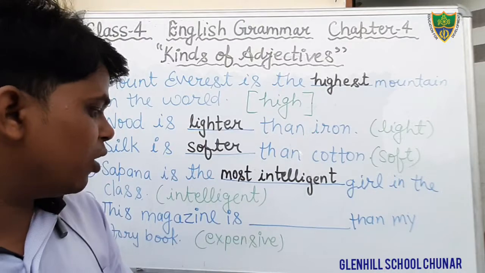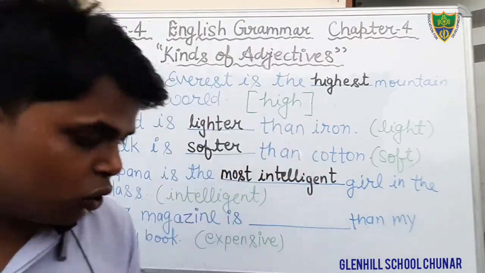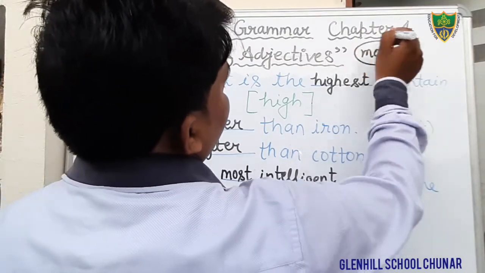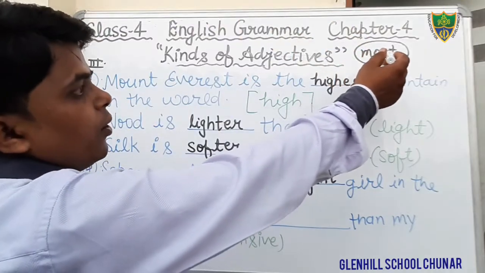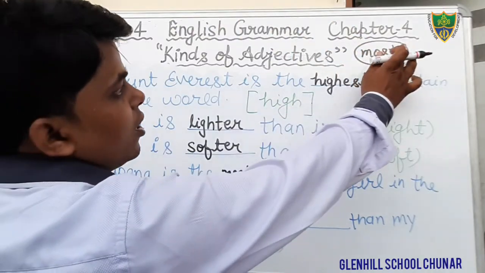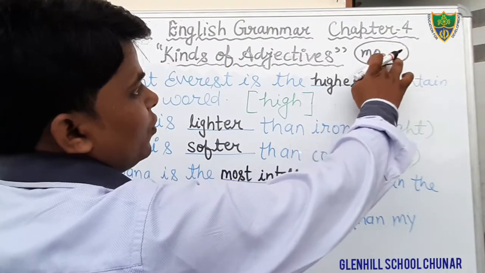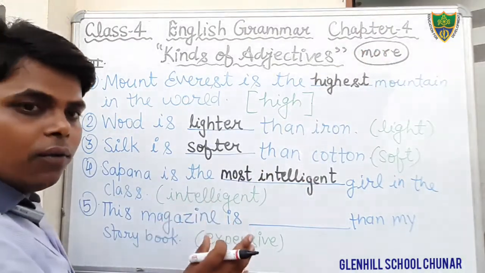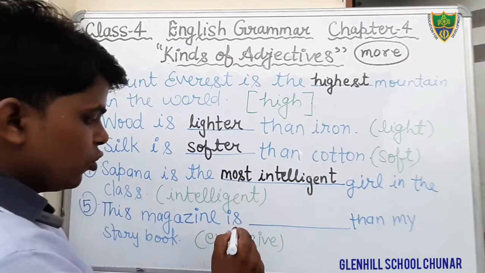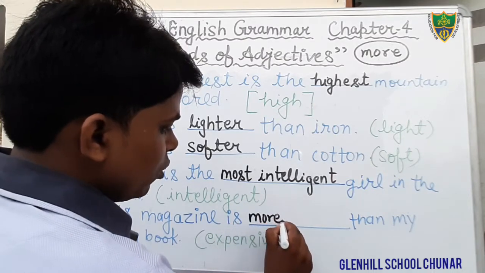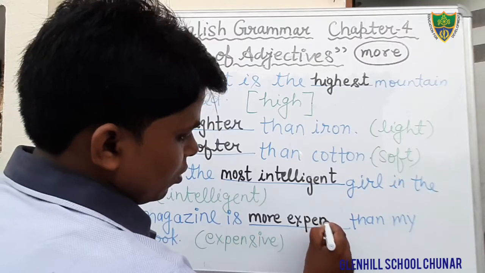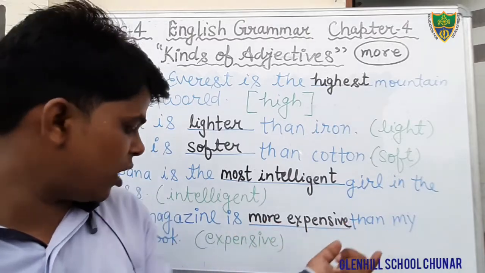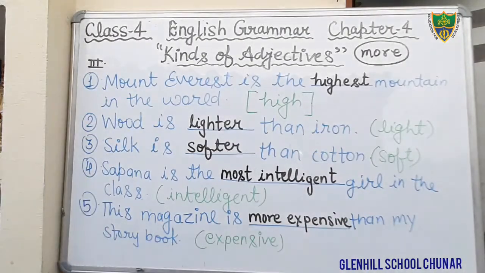As we add the word "most" sometimes for making the superlative, in the same way we will add the word "more" to make the comparative form of degree. So there will be "more expensive". In this blank: this magazine is more expensive than my storybook. Okay, students, just fill it.